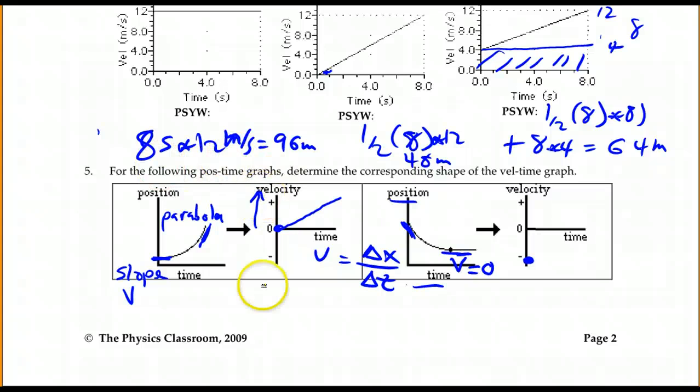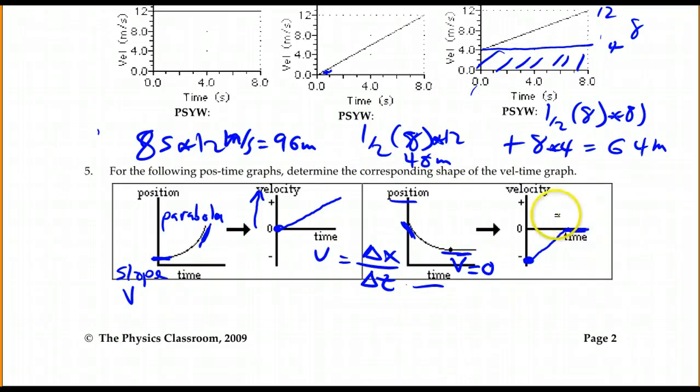I'm moving in the negative direction, getting slower and slower, and then we're going to stay stationary. Now, the only place on a velocity time graph where you are stationary is 0.